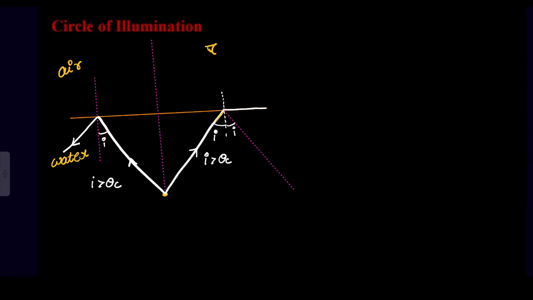If they enter, the person can observe these light rays now, isn't it? Now you see this thing here, the person cannot observe the light rays whose angle of incidence is greater than theta c. Up to theta c he can observe, yes or no? And all this region that the person is observing will appear to be a bright region.